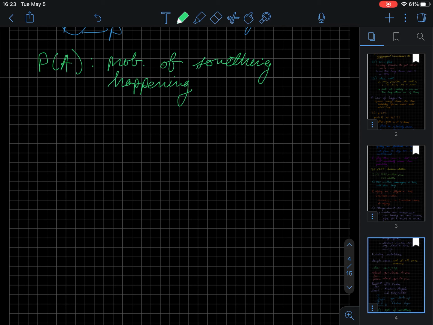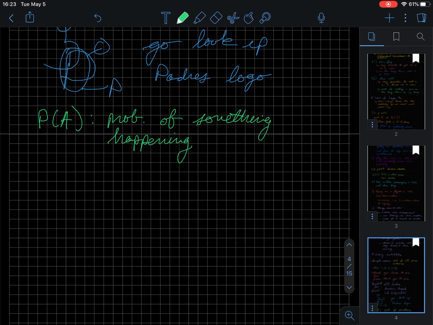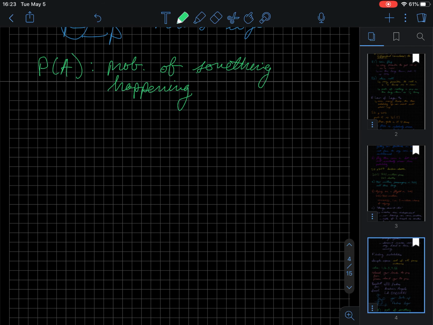We usually look at the number of outcomes in event A. So think about the dice roll. What's the likelihood of a 6 being drawn out of 6 possible outcomes? We would say that there is a 1 out of 6 chance of rolling a 6.